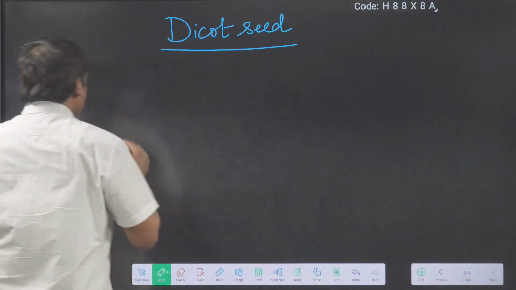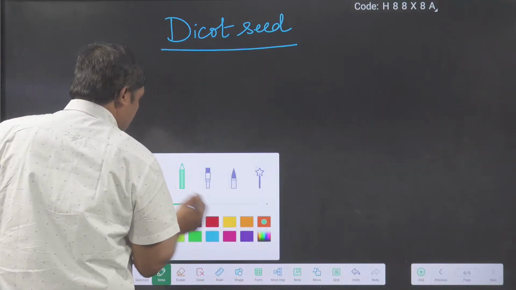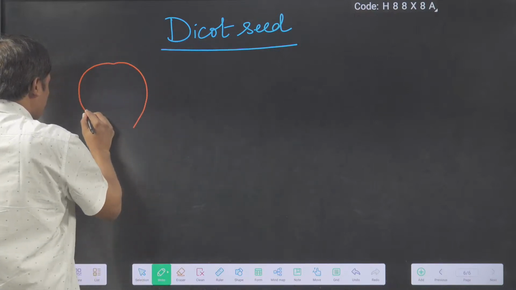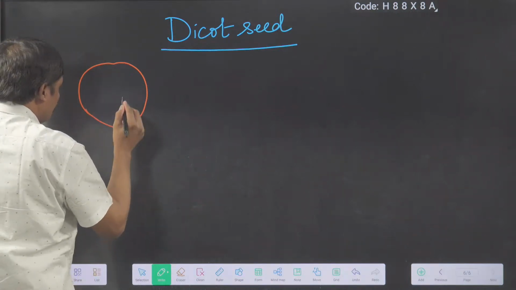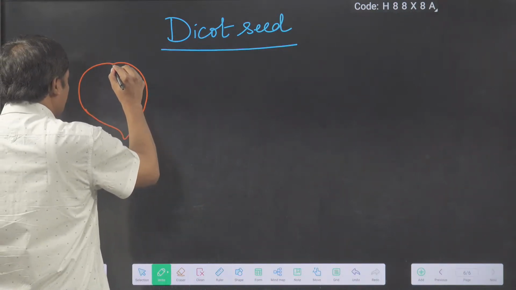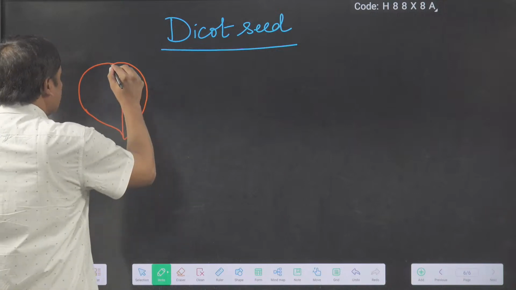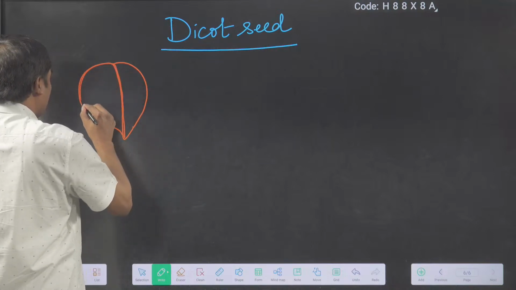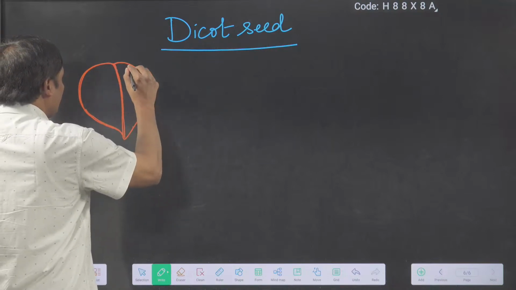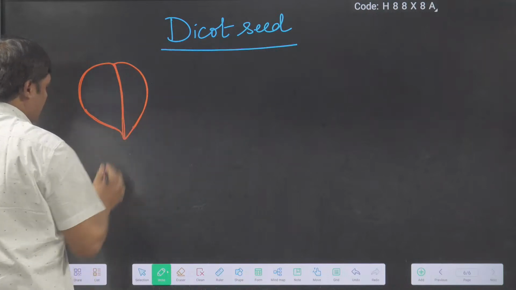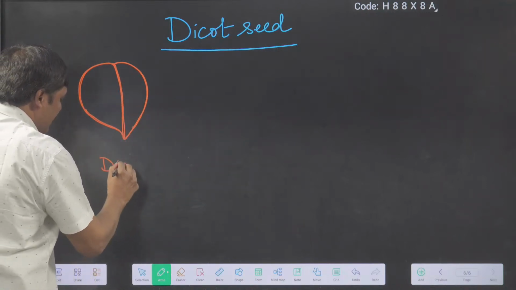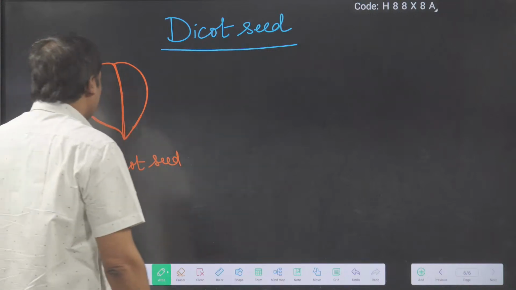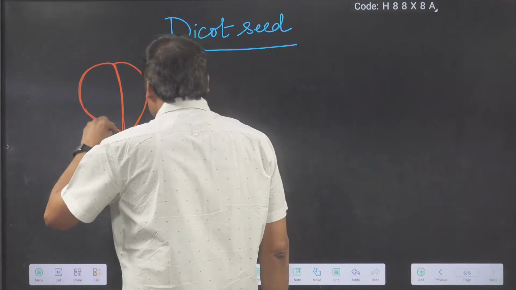First of all, see, this is the dicot seed. Okay. This is dicot seed because it contains 2 cotyledons. Right. It contains seed coat.